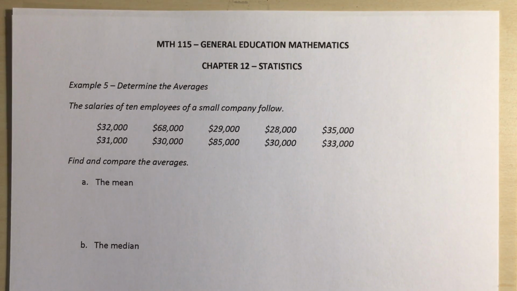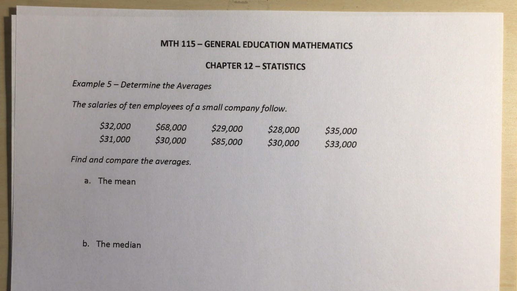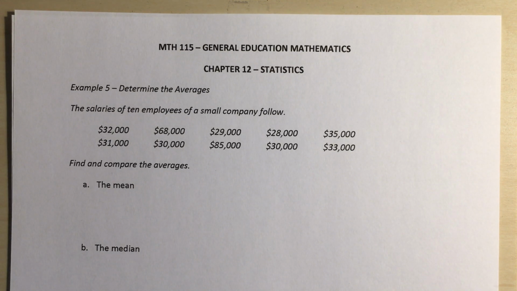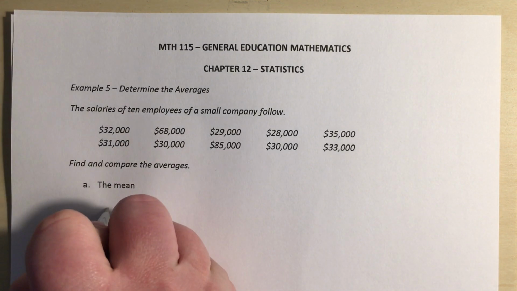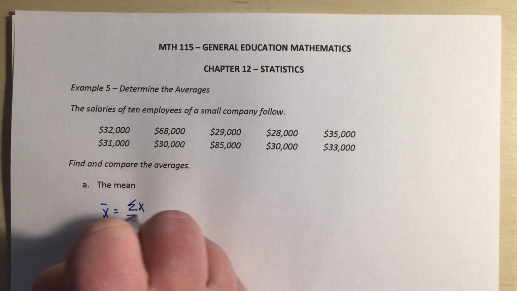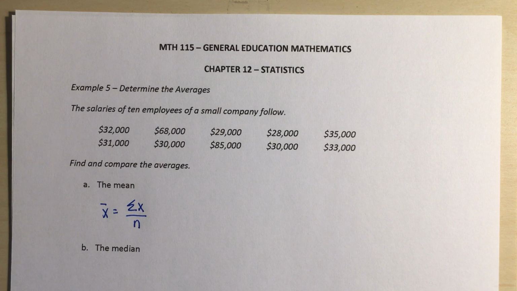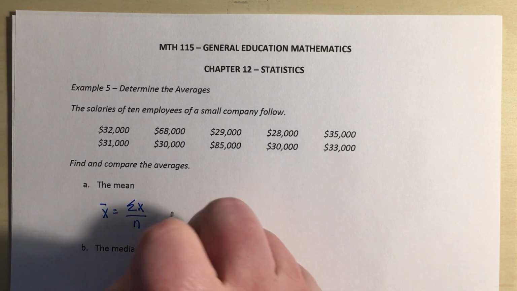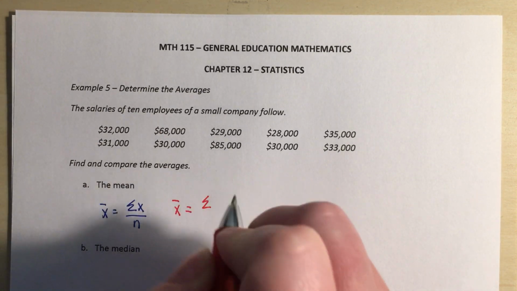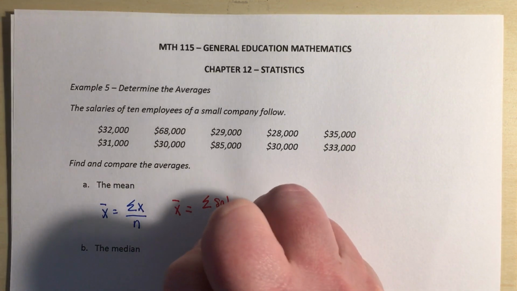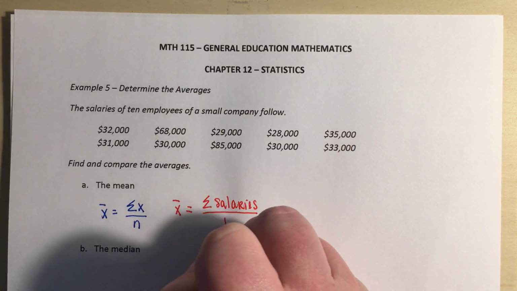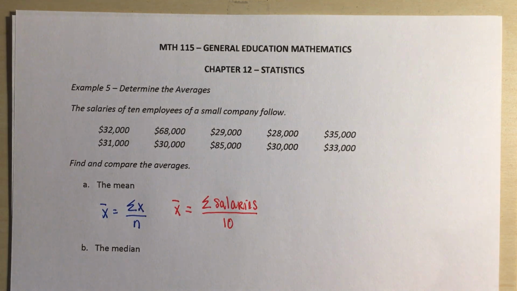Okay. All right, so the salaries of 10 employees of a small company follow, right? And we see the list of our salaries. Find and compare the averages. All right, so our mean. Remember, we're adding up all of our data values and we're dividing by our sample size. So in our case, we are going to add up all of the salaries, and then we are going to divide by 10 because that's how many we have.